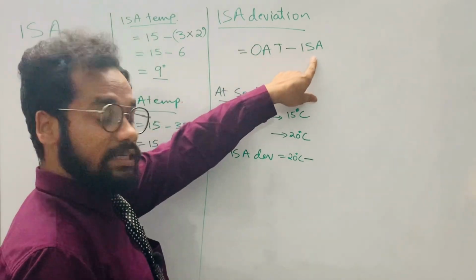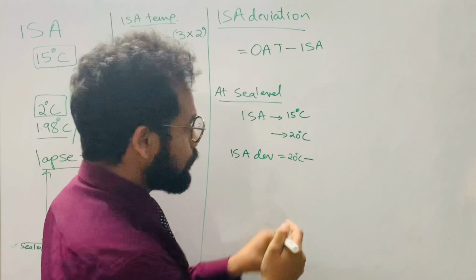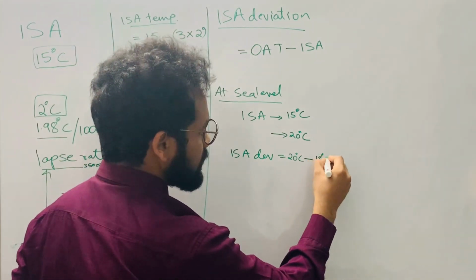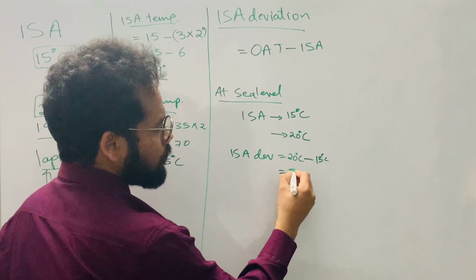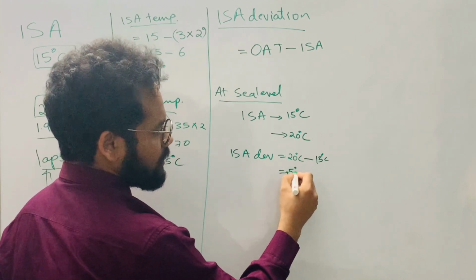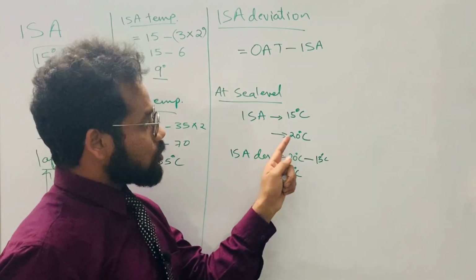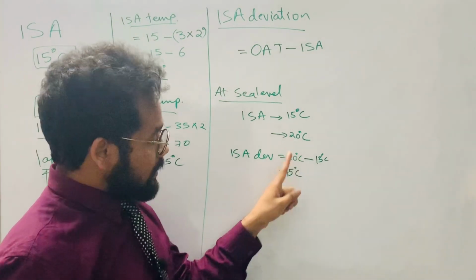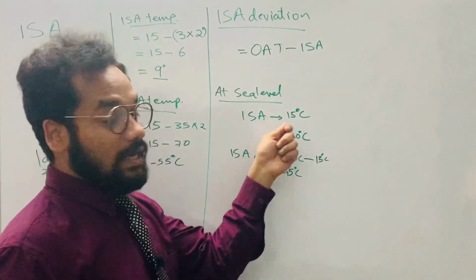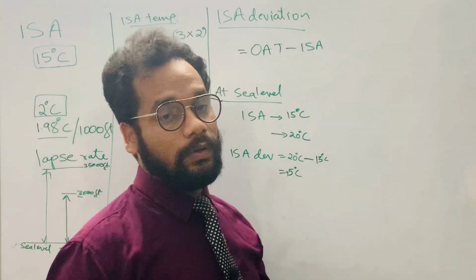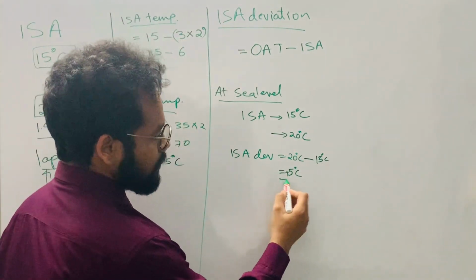ISA at sea level is 15 degrees Celsius. So how much does it come to? 20 degrees minus 15 degrees comes to 5 degrees, that is plus 5 degrees Celsius. That means the actual temperature, which is 20, is plus 5 degrees warmer than the ISA at sea level. So this is the ISA deviation, plus 5.